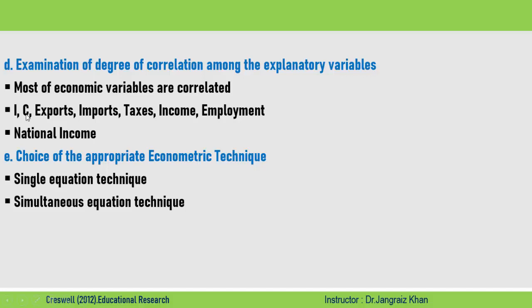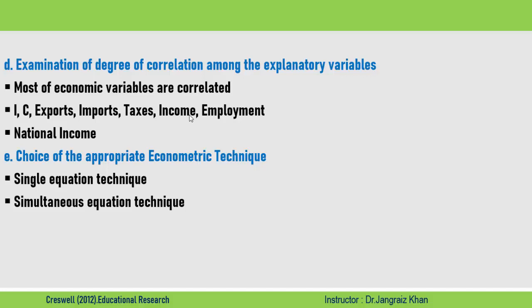They all increase when there is a boom in the economy, while they decrease when there is a recession. So they can be correlated. Care should be taken to avoid the problem of multicollinearity, because one of the assumptions of OLS, which we are going to discuss in the coming lectures, is that the explanatory variables should be independent. If the explanatory variables are correlated, then we have the problem of multicollinearity. So care should be taken in it.